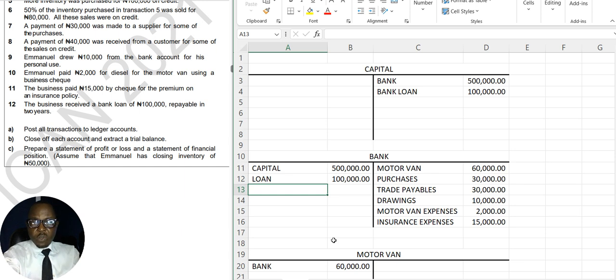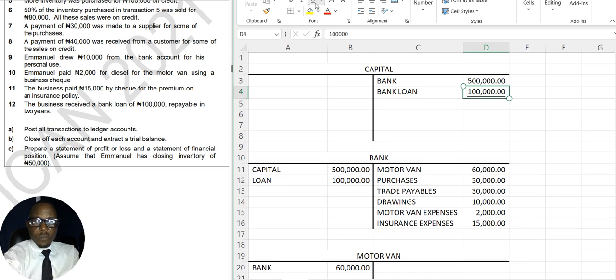So we will close this off now. You underline, and you underline what is the total. The total is how much? 600. So you bring the same 600 here and you close it off.